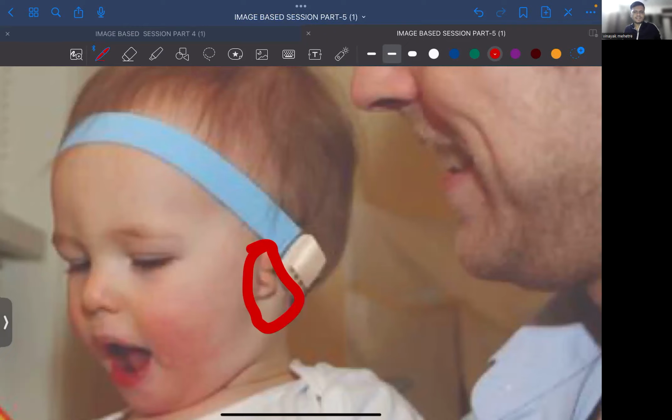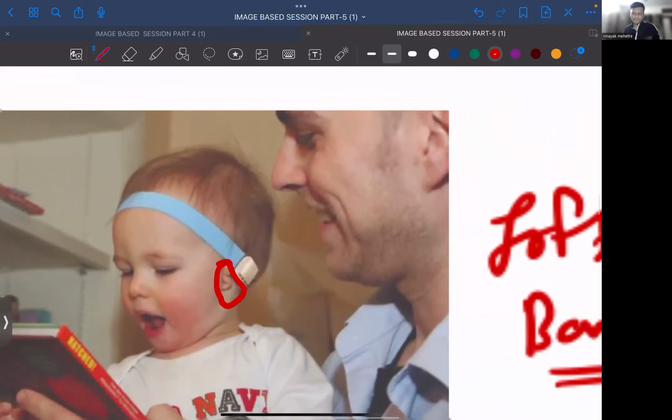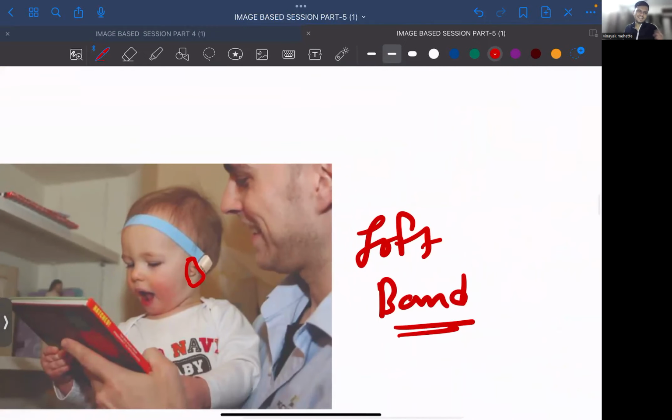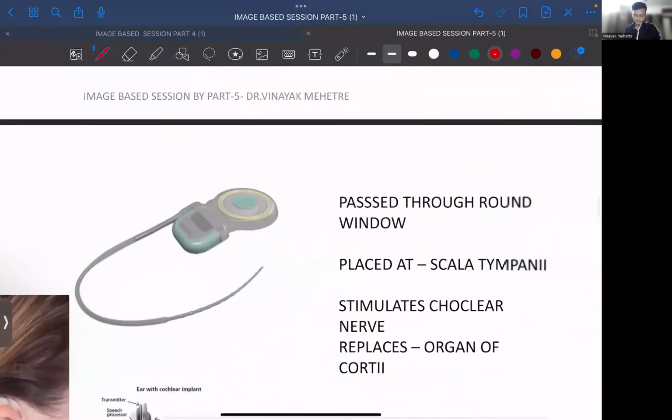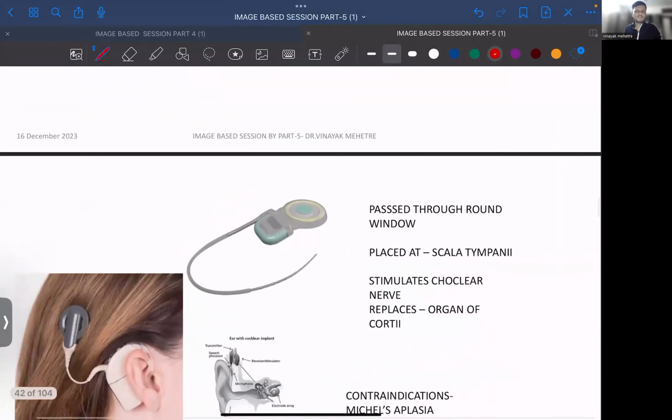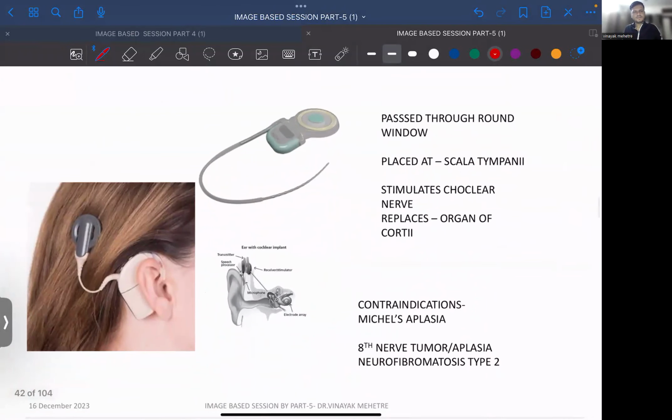Over there, till patient becomes 5 years and bone thickening increases, we can give soft band hearing aid. Right? Then comes this one. All the images of these hearing aids have been asked. Okay, जितने भी मैं बताऊंगा.